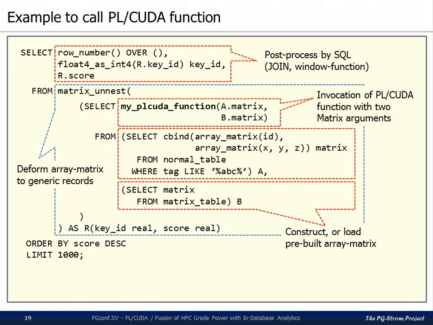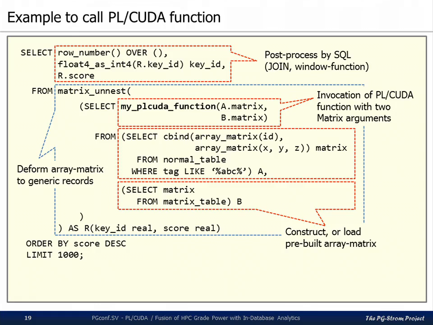The deepest level of this query scans tables, and this array_matrix function constructs a two-dimensional array. This is referenced in a pure CUDA function. Its argument is an array matrix.